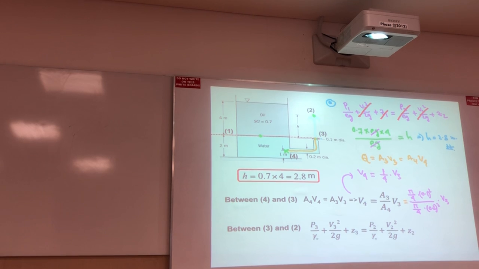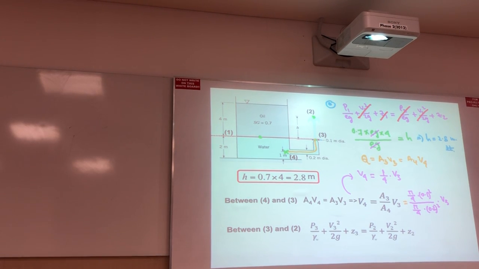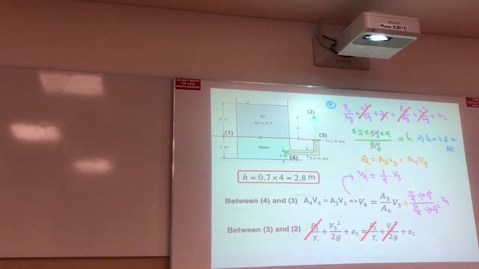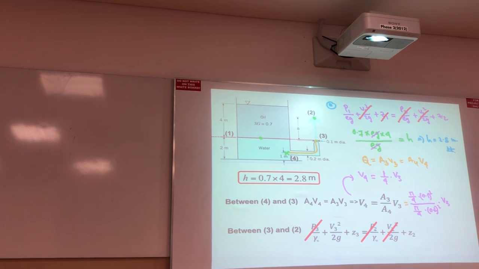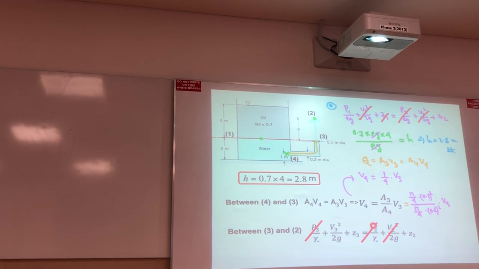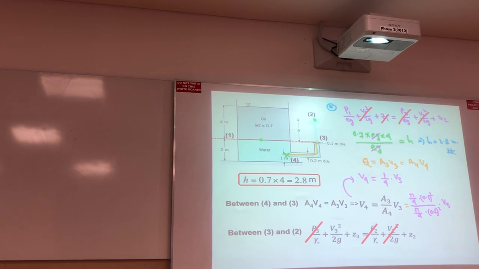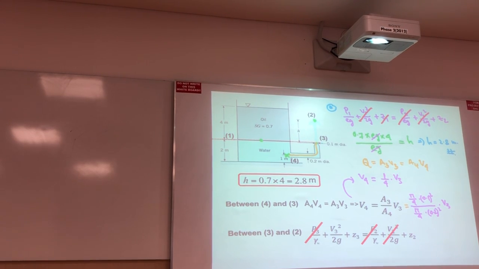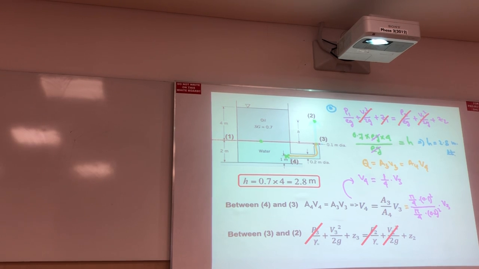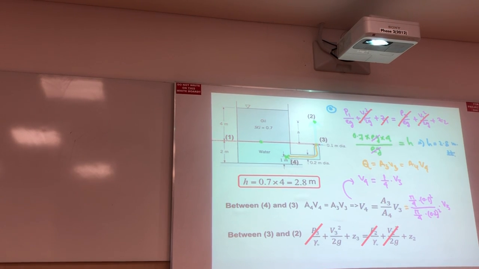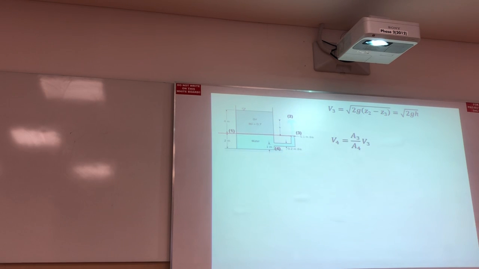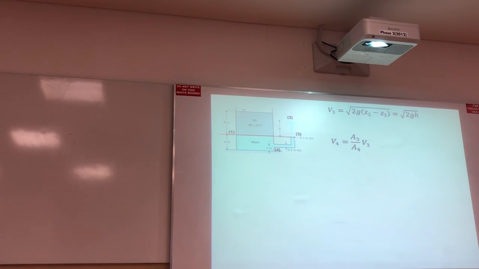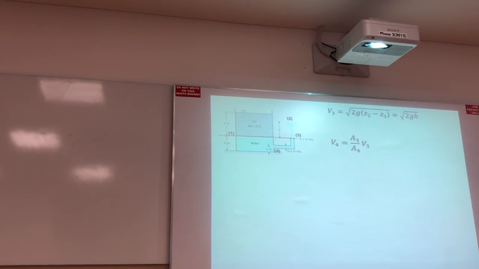Now 3 and 2 I can write. Then you can see P3 is 0, right? And P2 also 0. V3 is not 0, but V2 is 0, right? Z3 is 0, but Z2 is H, correct? H I know, 2.8, right?